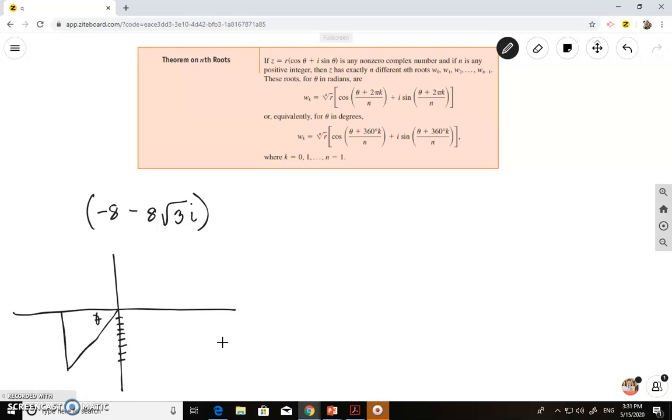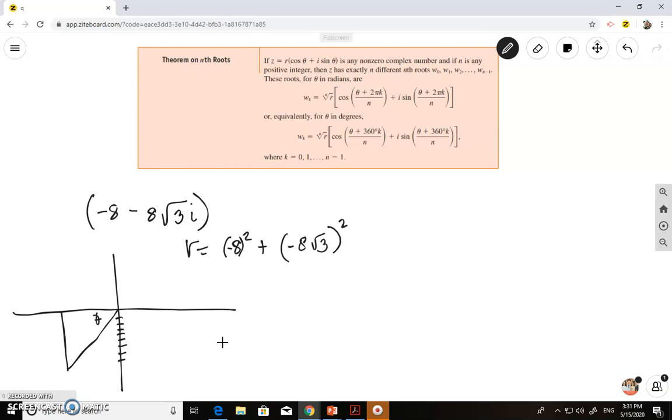How will we now find the r? So r is equal to the square root of 8 squared plus negative 8 square root of 3, squared.